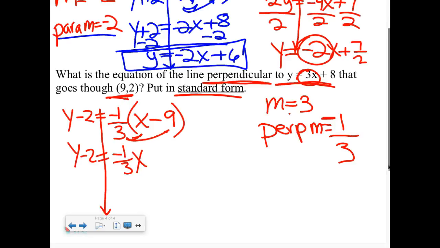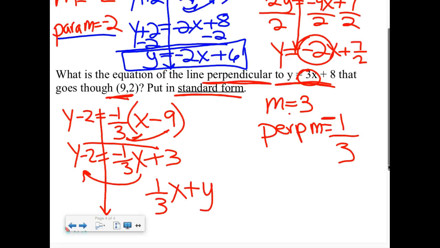Now when I have negative 1/3 times negative 9, I'm taking a third of 9. So I have a negative times a negative, so it's going to be positive 3. We then have to move this negative 1/3 x over here. I have to move this negative 2 over here. So when I do that, I now have positive 1/3 x plus y, and we added that 2 to the other side. So now I have equals 5.